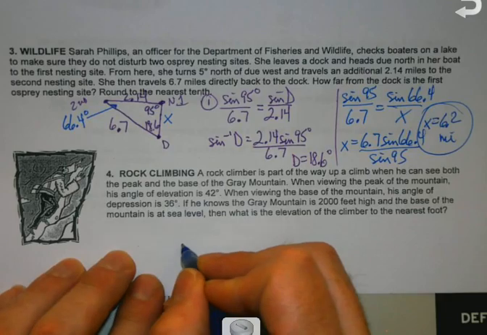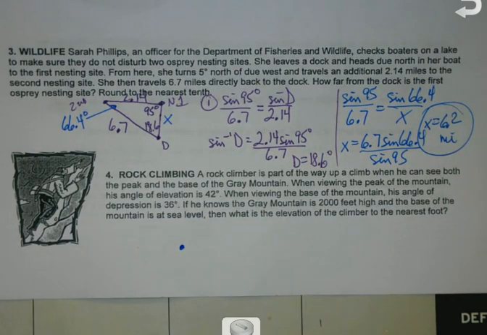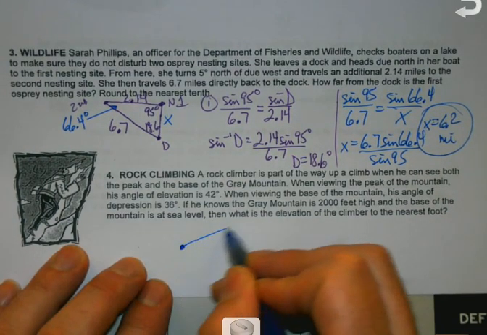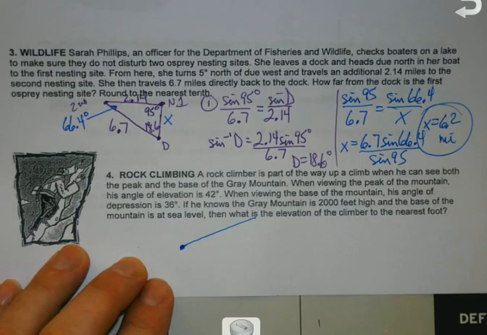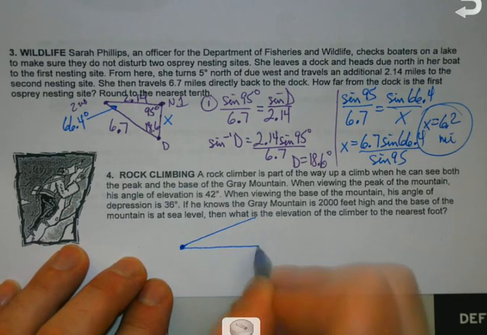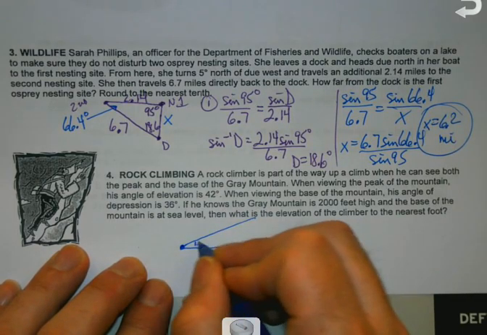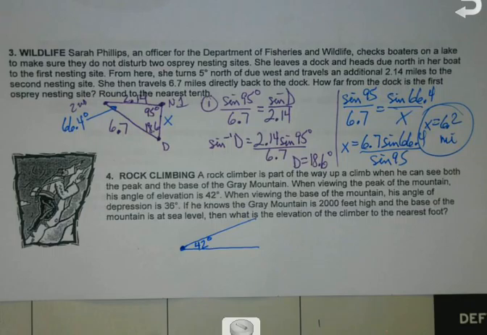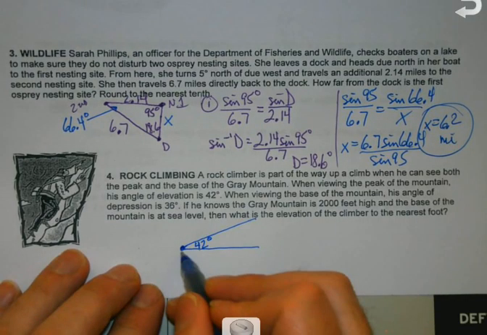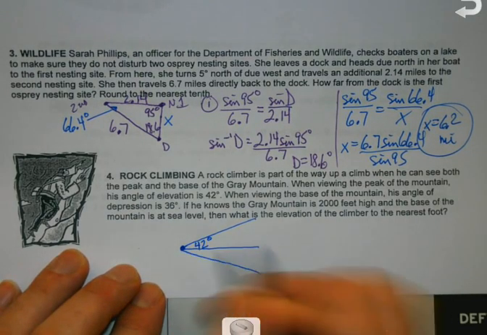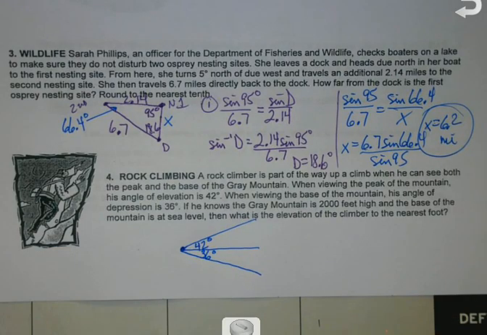Okay, so here's our little climber guy. He can look up and it's a 42-degree angle. From where he's at, he can look down, and it's a 36-degree angle.